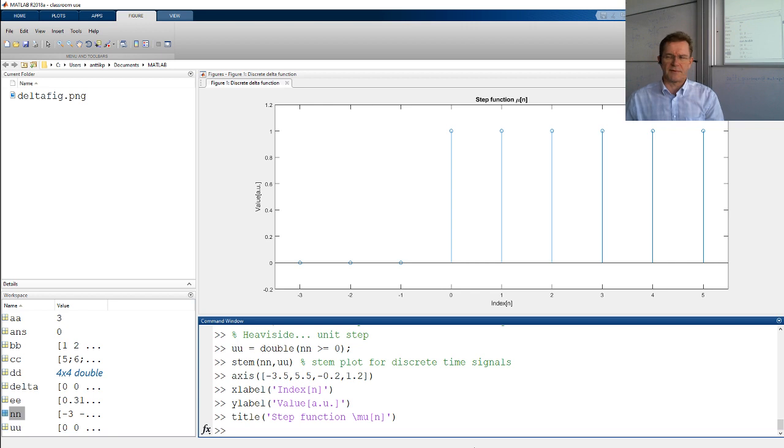Step function new. And again, then copy paste.